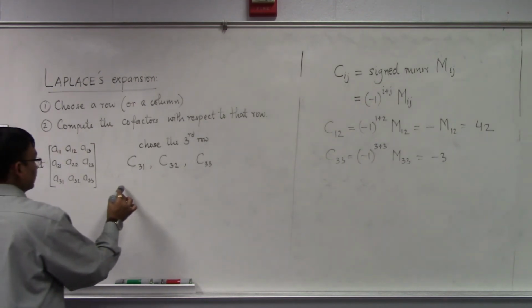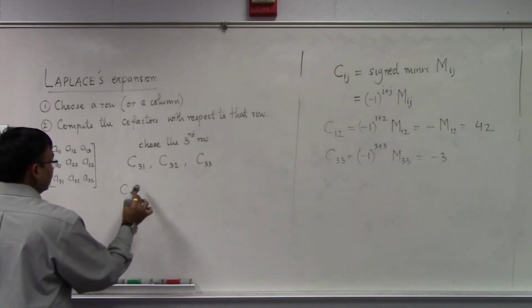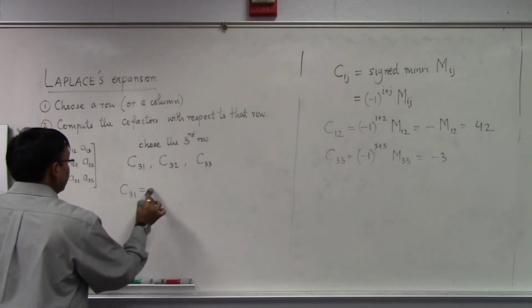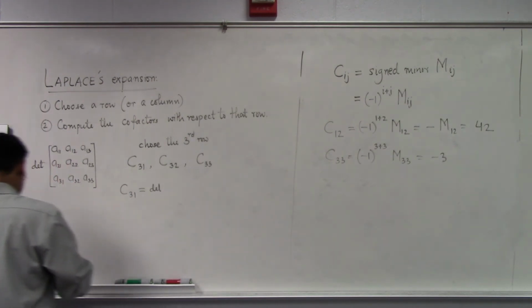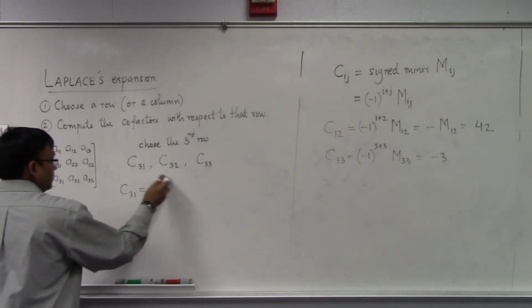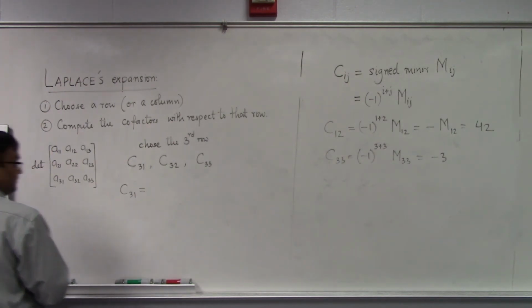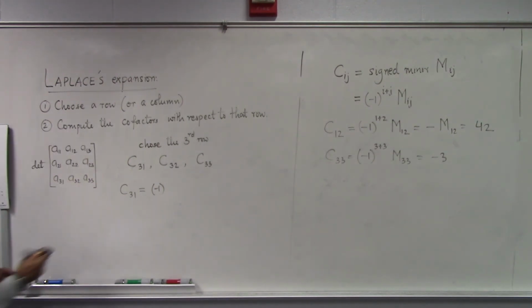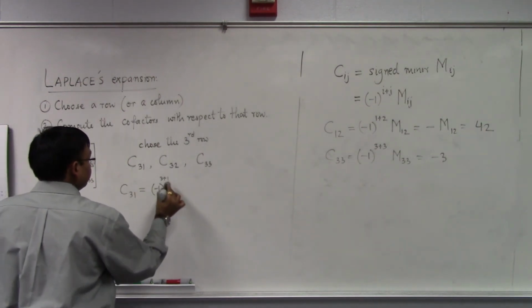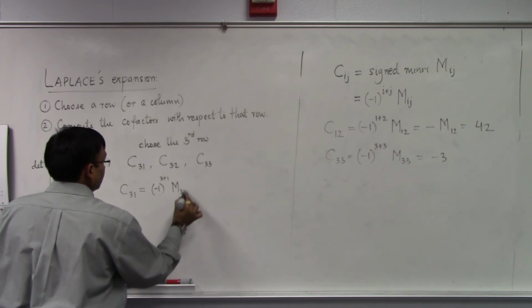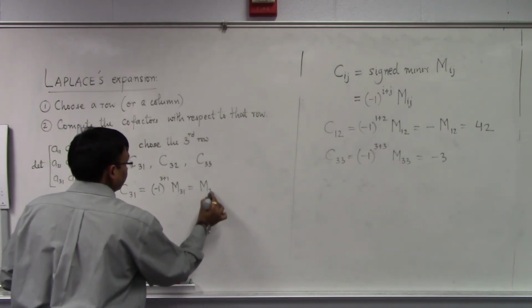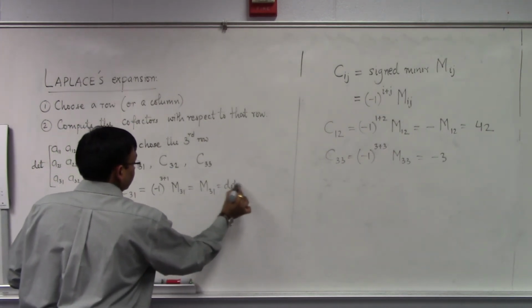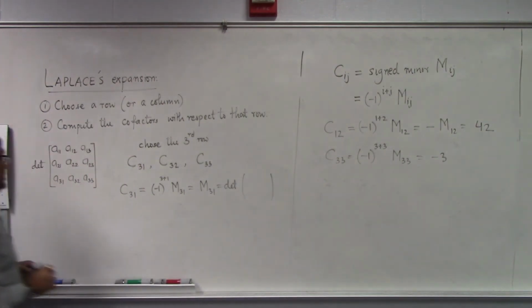So what would be those cofactors? C31 would be basically (-1) to the 3 plus 1 times M31, which is the determinant of the matrix obtained by deleting the third row and the first column.